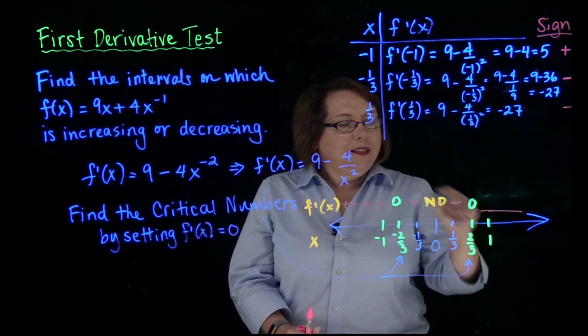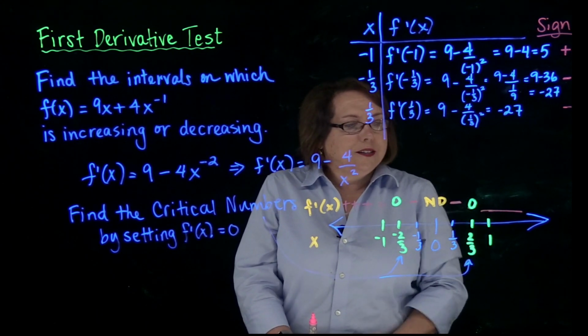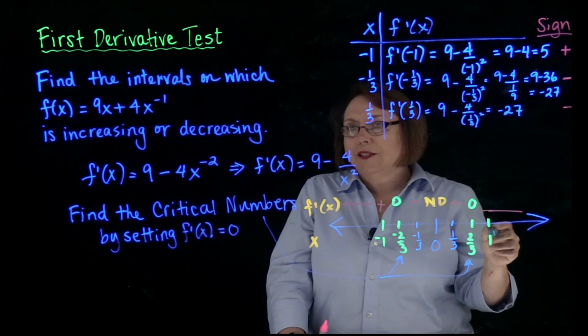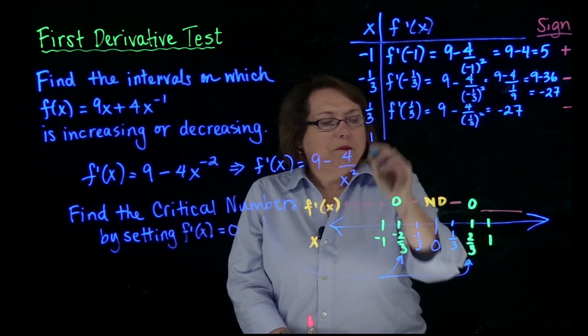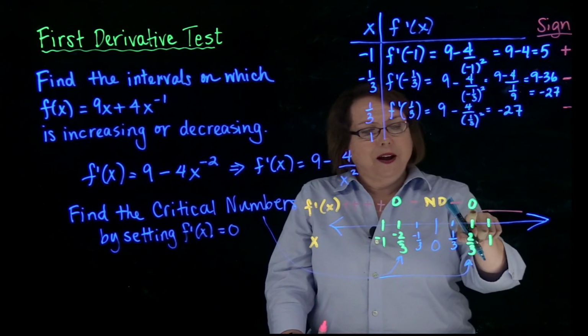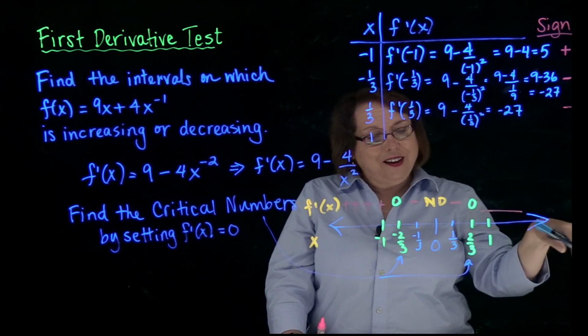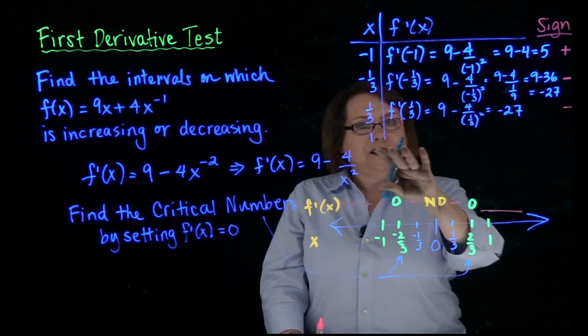And then finally, the last region we want to check is the fourth one here on this right side. And what are we again looking for? A number we can use to test in each of these regions. Positive 1 is a good number here, because at 2/3 my first derivative was 0, meaning I reached a peak or a valley. So now, if I choose any positive number, I could test it.